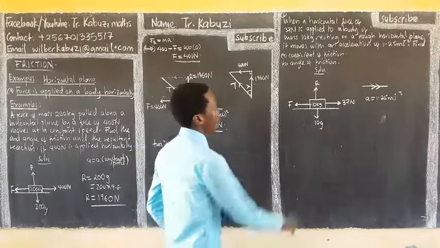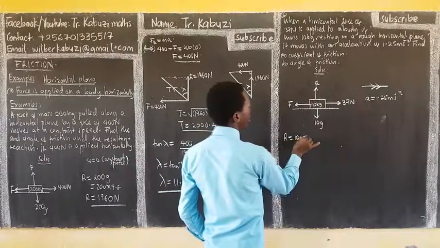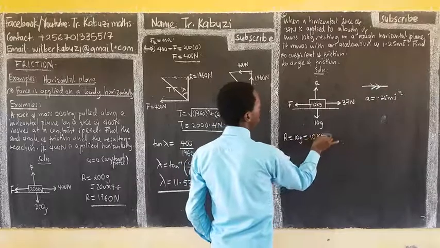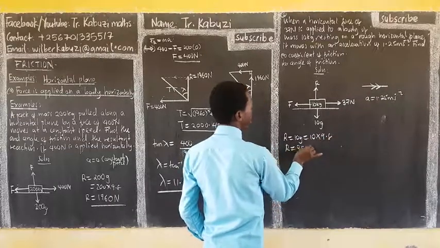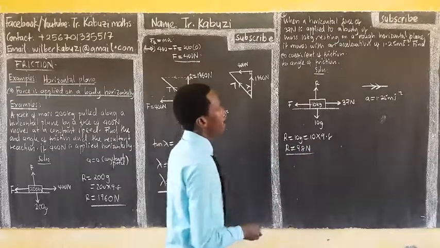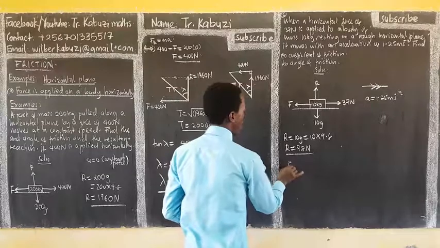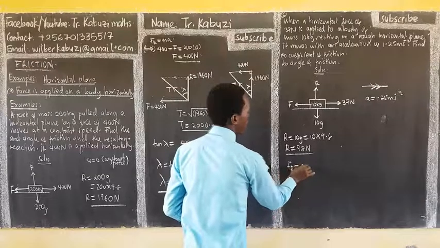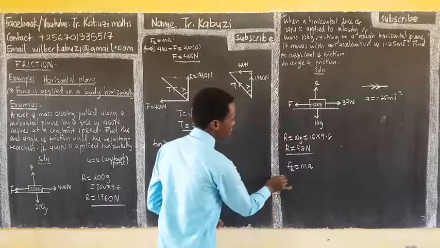So from there, you can see that our R is equal to 10g, which will be 10 times 9.8. So our R is 98 newtons with ease. And then you know that the resultant force is equal to ma.